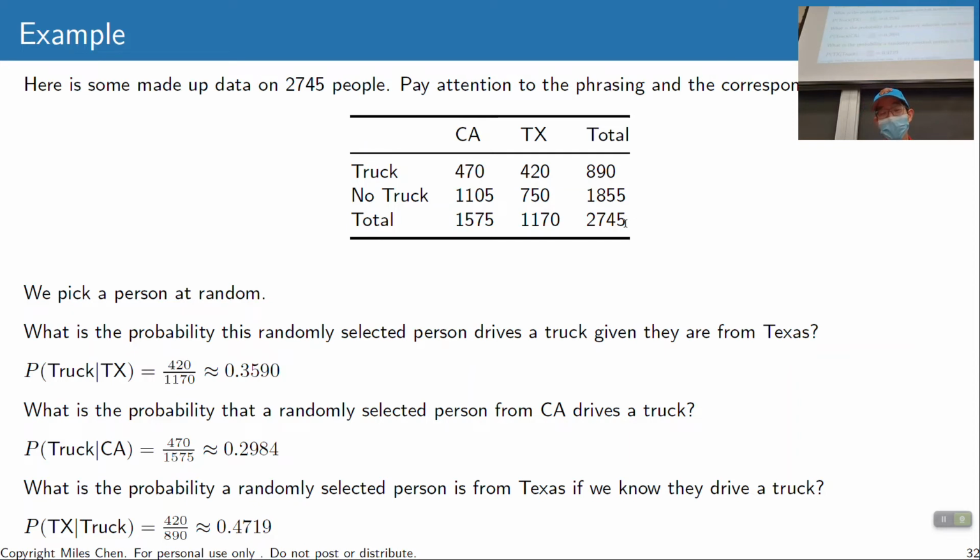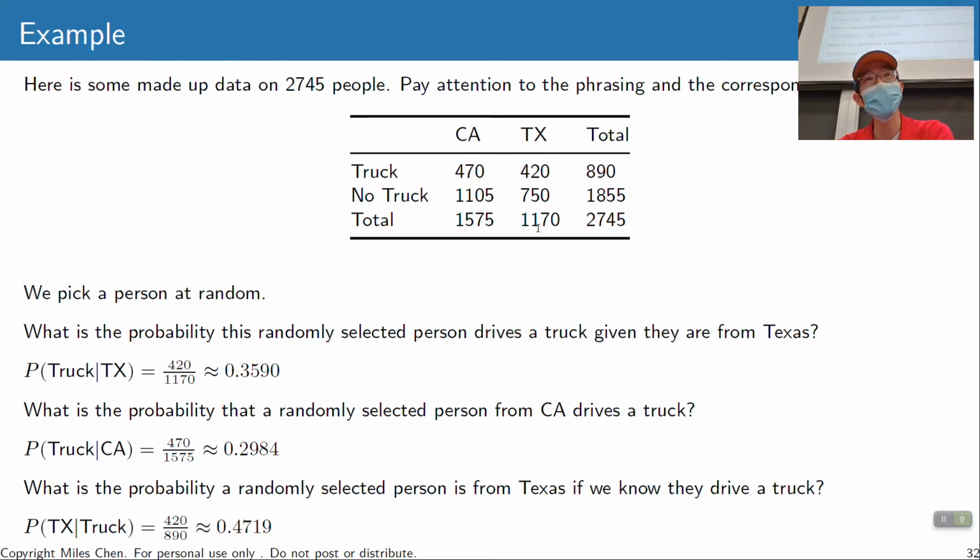We're going to say, what's the probability that a randomly selected person drives a truck given that they are from Texas? So if we know someone is from Texas, what's the probability they drive a truck? Here, we're basically going to limit ourselves just to this column of people from Texas. So we have 1,170 people.